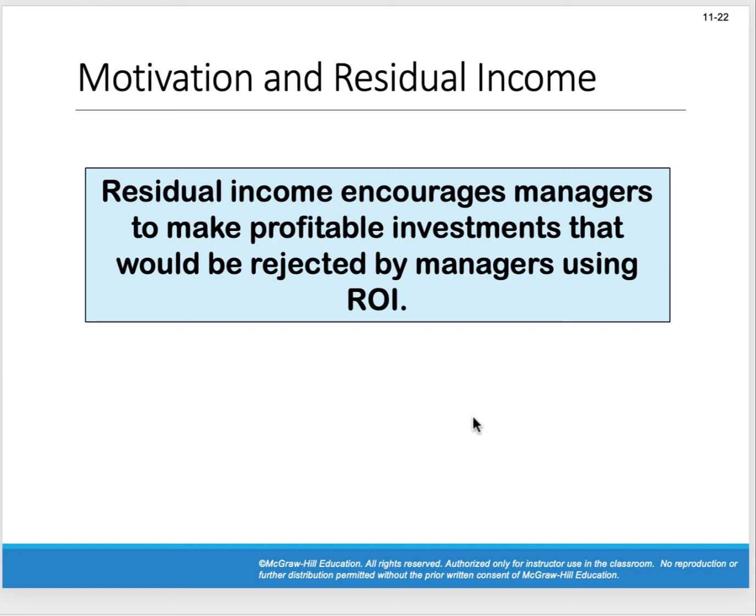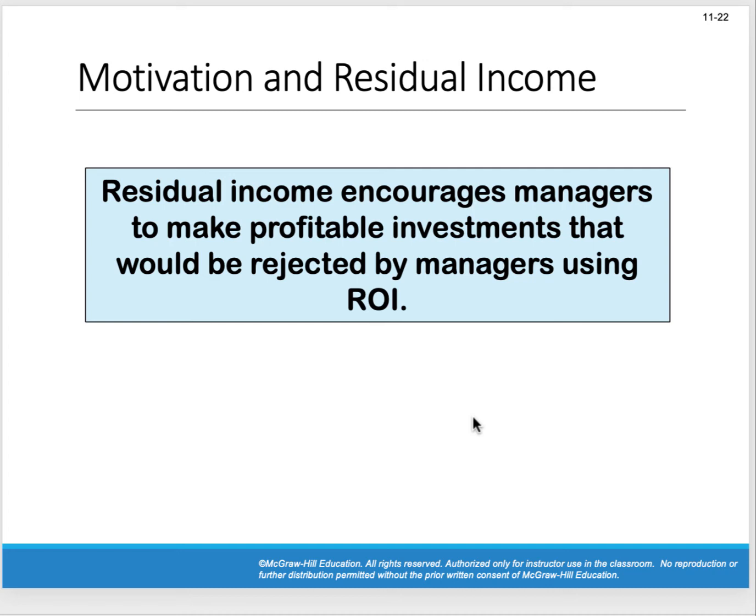What's the point of this? The point is there's many different ways to look at return on investment, right? If we as managers are holding our subordinates responsible for making decisions, we want to make sure that we have a good measuring stick. ROI is good, but not by itself.